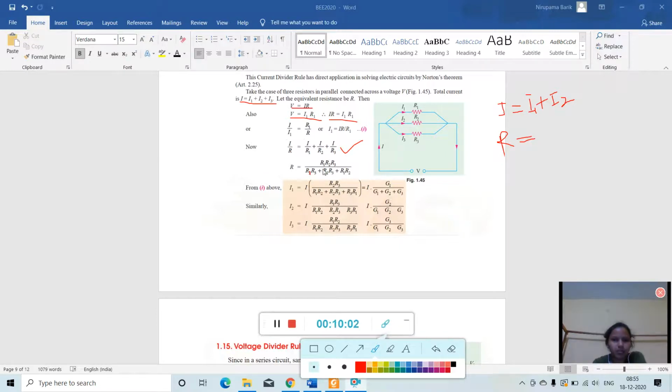The equivalent resistance expression is R equal to R1 R2 R3 divided by R1 R2 plus R2 R3 plus R3 R1.